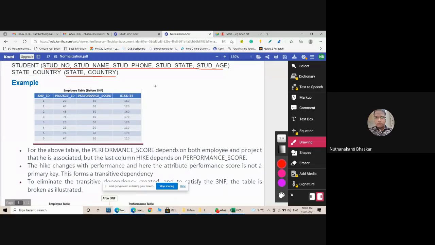Employee ID determines project ID, performance score, and hike. Okay, this is fine because it's a primary key.